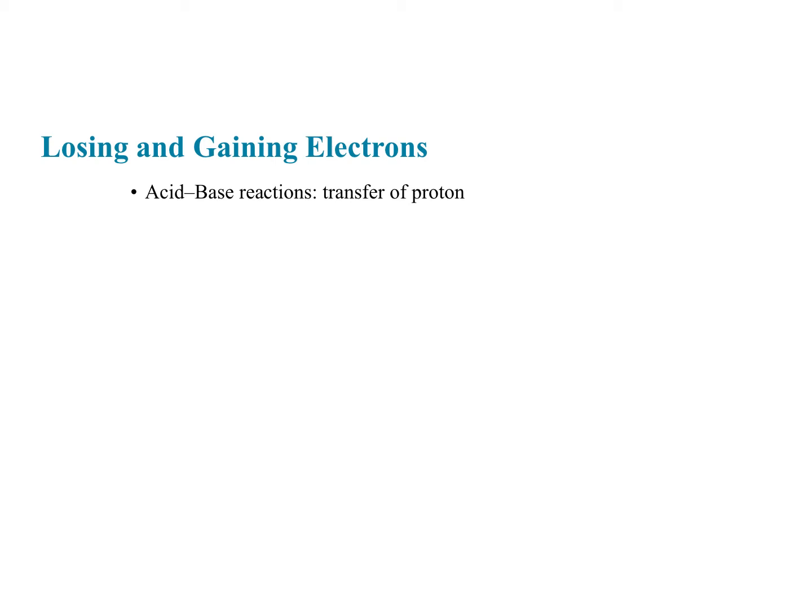What we're going to talk about next is an oxidation reduction reaction. If an acid-base reaction is a transfer of a proton, what do you think an oxidation reduction reaction might be? What kind of transfer might it involve? It's an oxidation reduction reaction, and it involves a transfer of electrons.